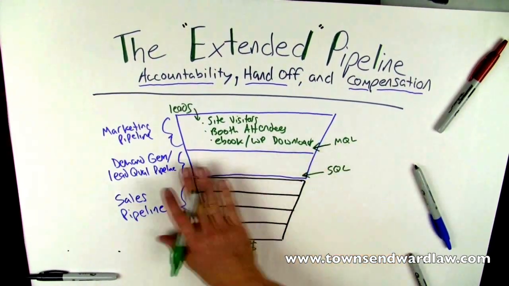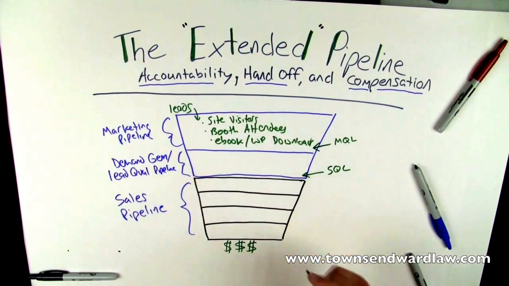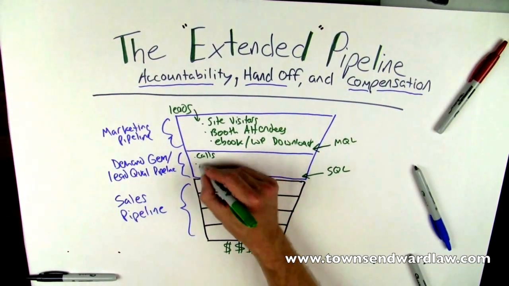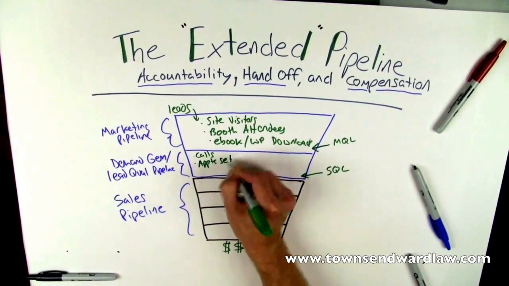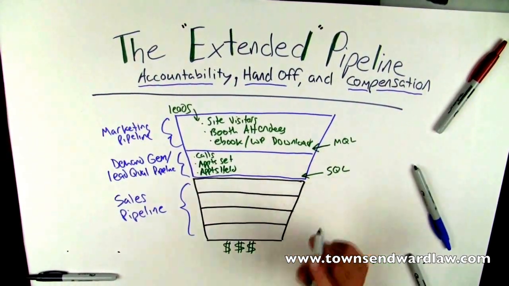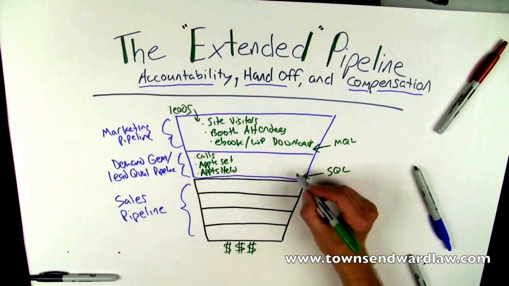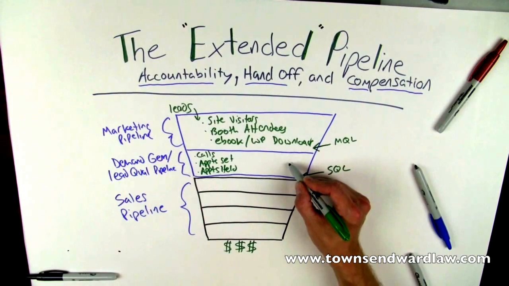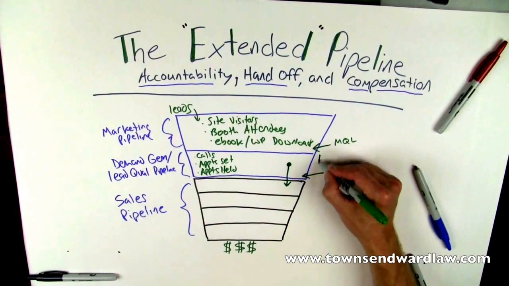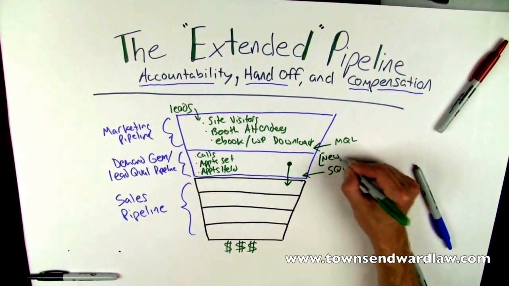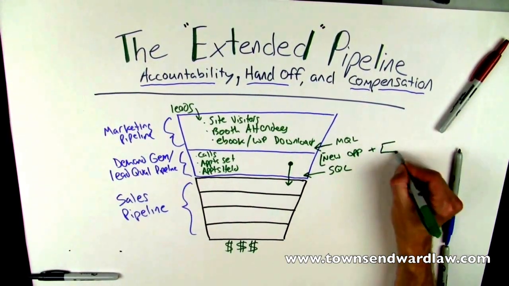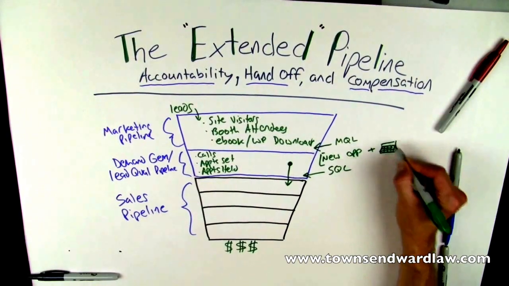sales qualified leads. So in your demand generation pipeline, you're going to be looking at metrics and dealing with things like calls that they're making, outreach, appointments set, and then appointments held. Very important metrics. Ultimately, though, we really want demand gen to be responsible for creating, and I'll draw a little box right here, a new opportunity, and I believe also a scheduled conversation for the sales rep.